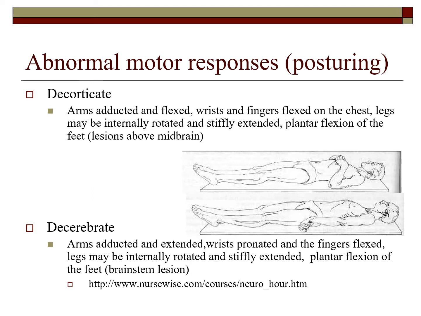You see the arms are adducted and flexed, so to the body or to the core. In decerebrate, the arms are abducted or away, and then you see how the wrists are rotated out and the hand is pointing away from the body. So that is decerebrate. So to the core, and then curled and away is decorticate is flexed in, decerebrate is away.